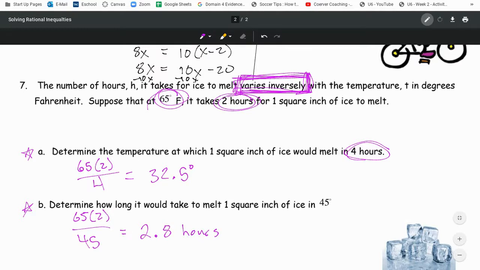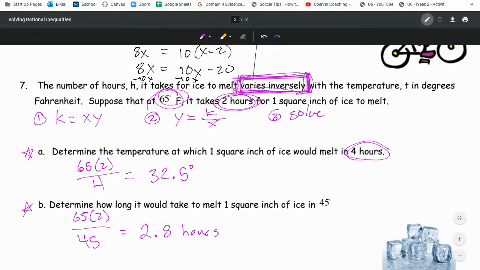Okay, so the formal way of doing this. The first thing you do is find the constant of variation, which is multiplying x times y. Then we would write an equation in the form of y equals k over x. And then the third thing would be we would solve, right?